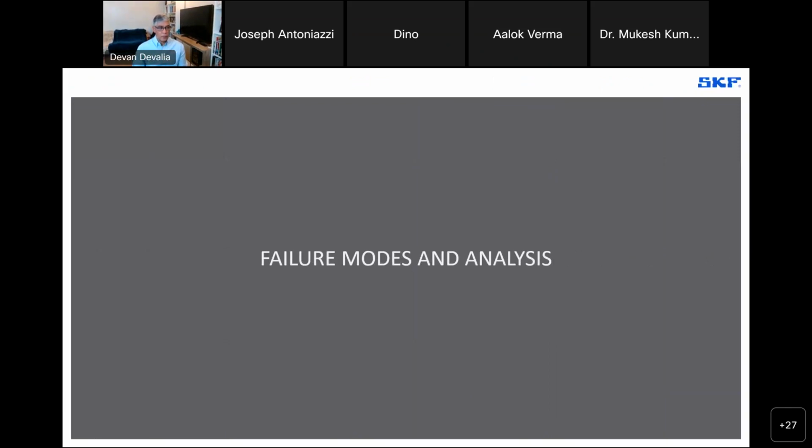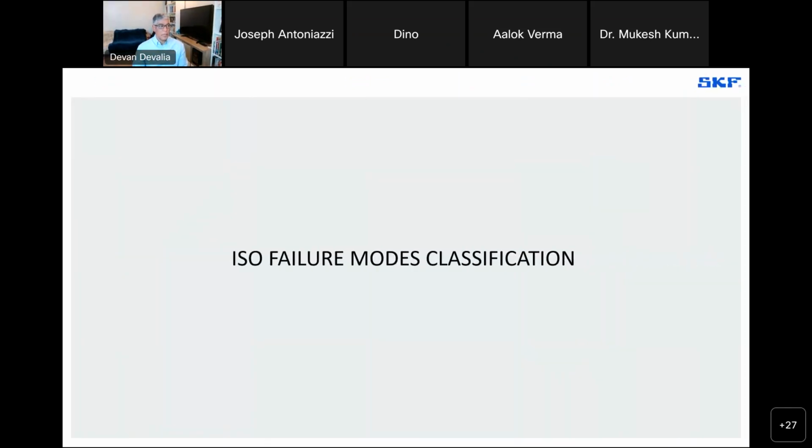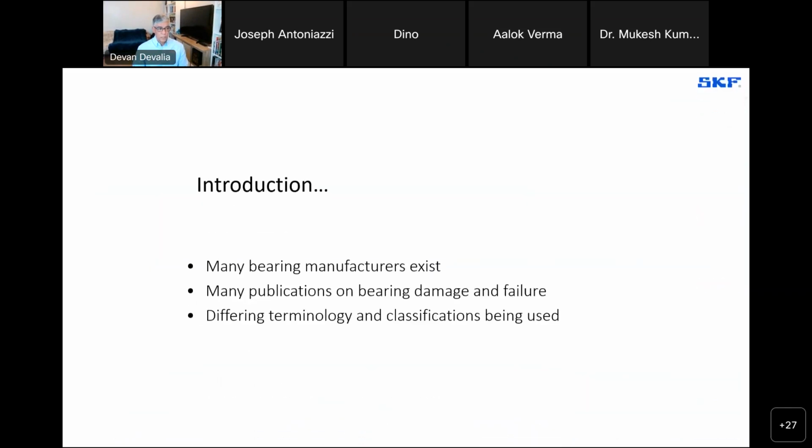So, straight into the meat: ISO failure mode classifications. There are a large number of bearing manufacturers, as we know, and there are many publications on bearing damage and failure. These different publications classify bearing damage and failure in different ways, and may use differing terminology.